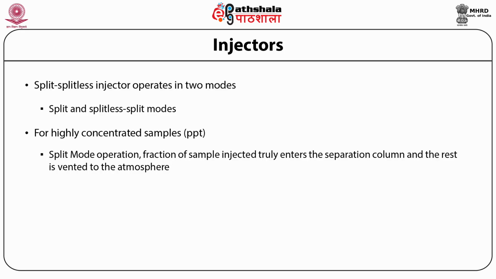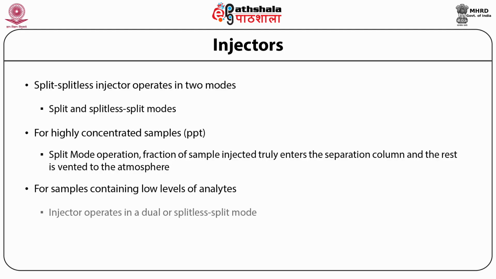Due to the high concentration of analytes in the sample solution, even the small fraction of analytes in the solvent is adequate for identification and quantification. For sample solutions containing low levels of analytes, like parts per million or parts per billion, the injector is operated in splitless mode.